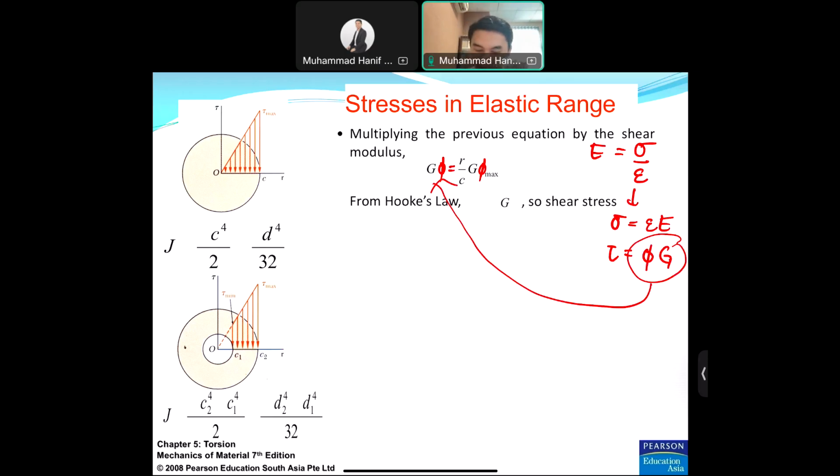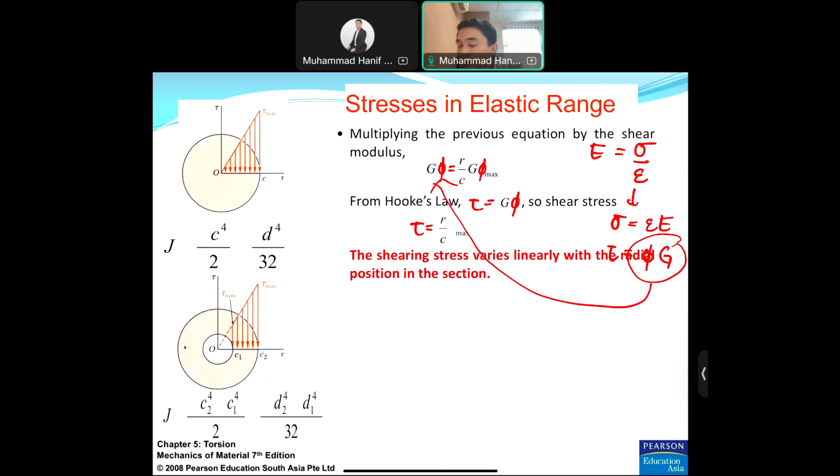For Hooke's law, I already explained here. It is actually a similar equation. So the shearing stress is this formula: tau equal to r over c times tau maximum. Next, the shearing stress varies linearly with the radial position in the section.